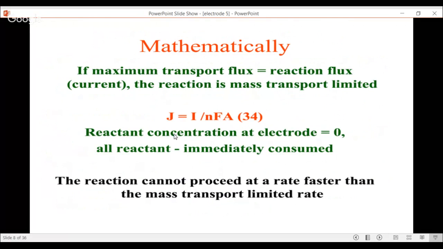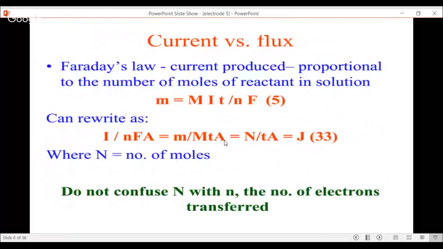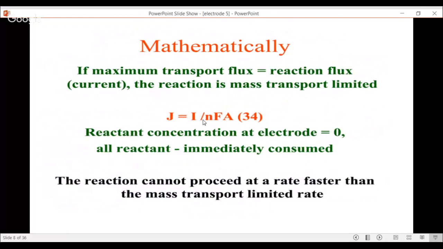So now, for maximum transport, flux is equal to reaction flux, and the reaction is mass transport limited. So J is simply equal to I by nFA. This is the equation we have already done.